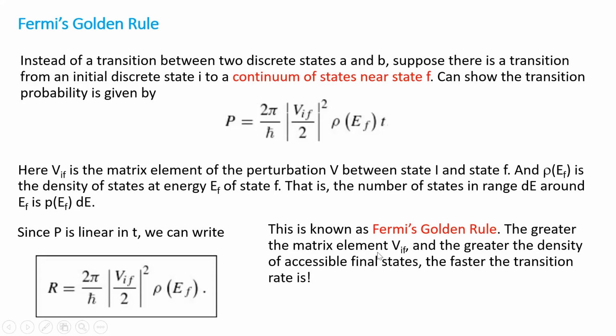And the greater the matrix element VIF, and the greater the density of accessible final states near EF, so the greater rho and the greater VIF, the faster the transition rate will be, which makes sense. The greater the interaction and the more places there are for the interaction to send the initial state, the faster the transition rate will go. So that's Fermi's golden rule. That's how it works.